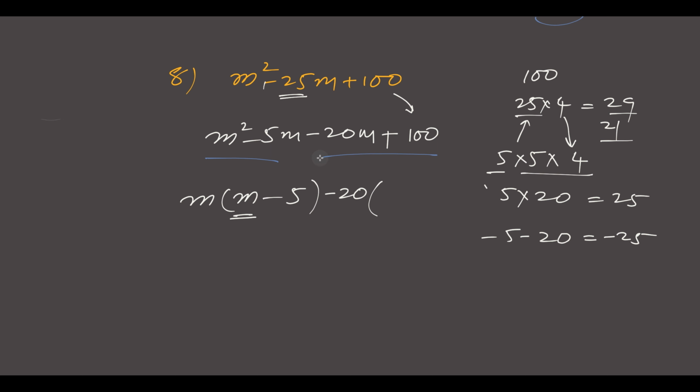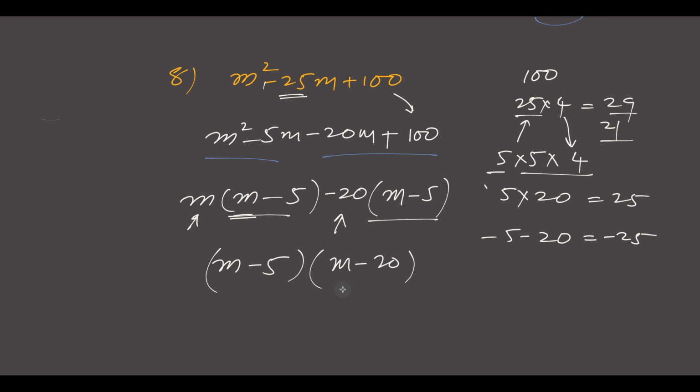Now 20 divided by 20 is 1. Now it is going to be plus m. That's why we have taken minus common. Now this is plus, so we have to write minus. Minus into minus is going to be plus, and 100 divided by 20 is 5. Now we have to take the common m minus 5. m minus 5 is common here and here, and this is going to be m and this is going to be 20. This is your answer.